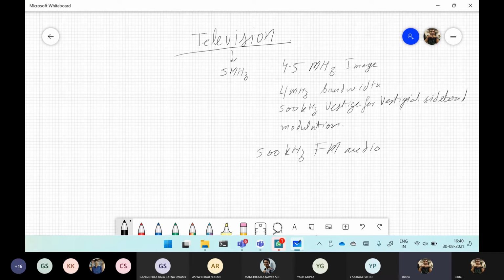This is black and white television. This is the classical black and white television that you had even before I was born, let alone you guys were born. This was the system that was followed before any of us was born, but still it's interesting. So what I would recommend is that for this section 3.4, radio and television broadcasting, you just go through this once.